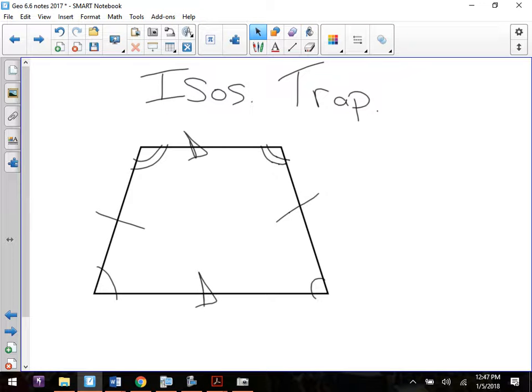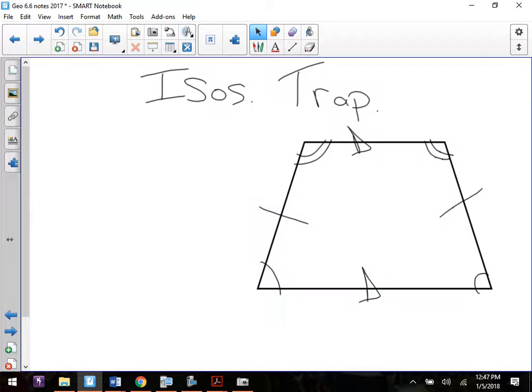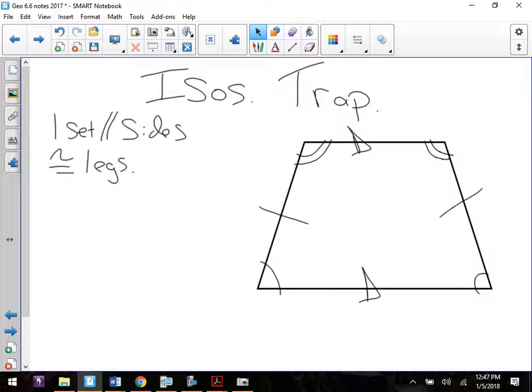So isosceles trapezoids have a bunch of stuff. I'll make a list here. We have one set of parallel sides. We have congruent legs. And you guys all understand when I call them legs, they're the ones between the parallels? I don't want to assume anything.